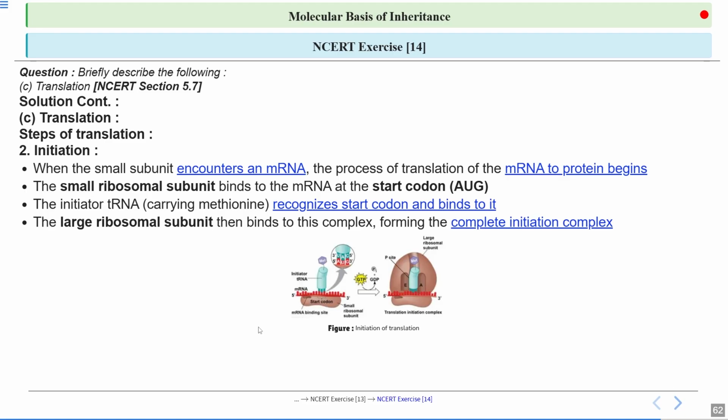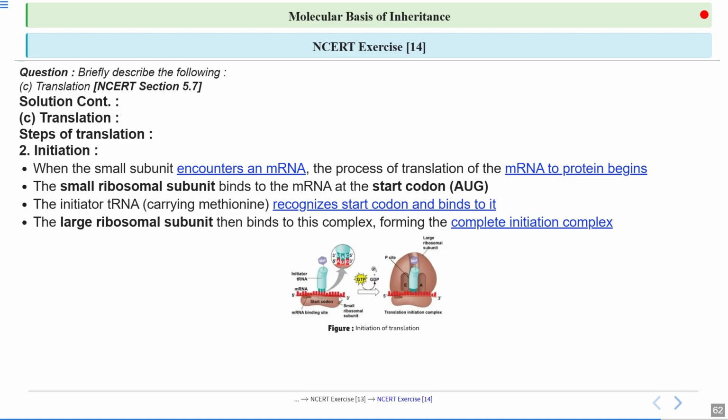So what is happening in this process? After the aminoacylation step, the tRNA is charged, meaning the tRNA has its amino acid. So what happens in the initiation step? This small subunit of the ribosome will go and bind to the mRNA at the start codon. Now what will happen?